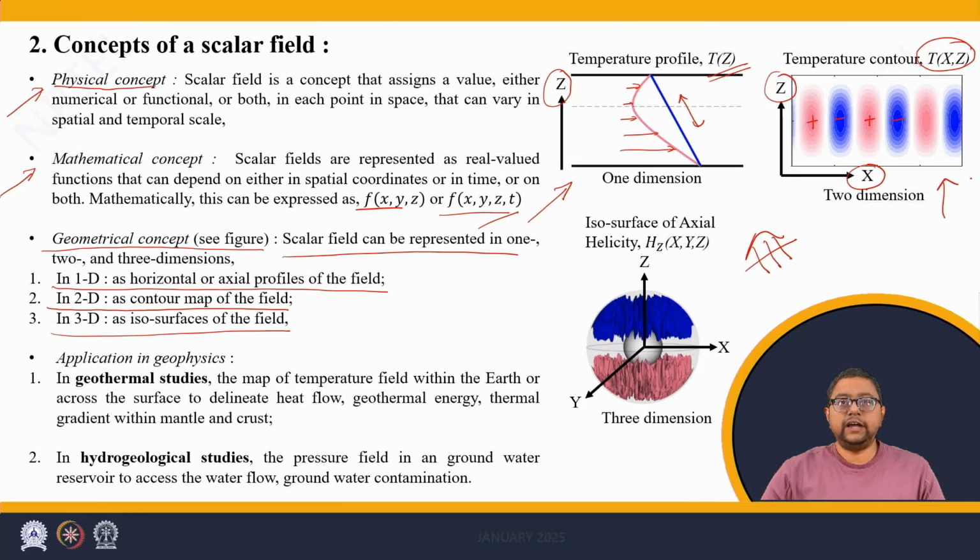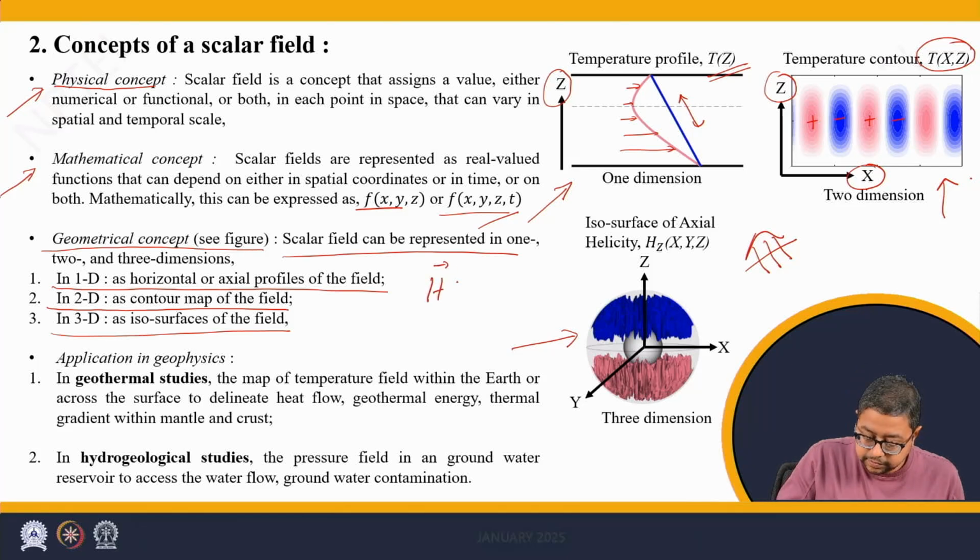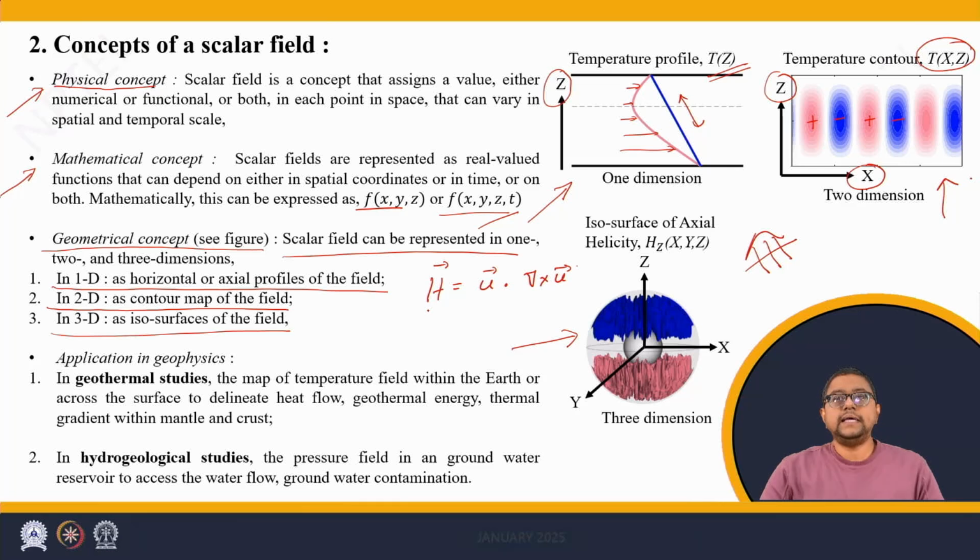In this diagram, the scalar field is chosen as the axial helicity. What is axial helicity? Axial helicity is defined as the scalar product of velocity and the curl of velocity.